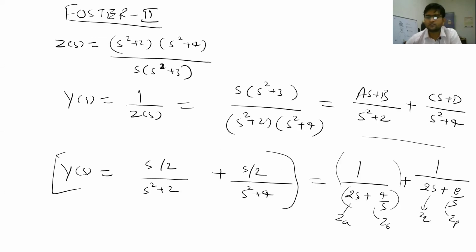So let us now draw. So we will finally get this first function 2s, Za. So Za is going to represent an inductor of value 2, and Zb is going to represent a capacitor of value 1 by 4. So you will have an inductor whose value will be 2 Henry, and then a capacitor whose value will be 1 by 4 farad.